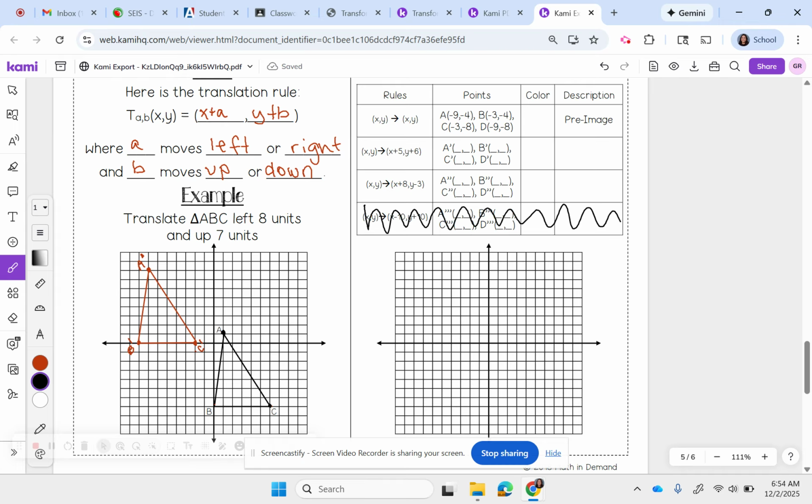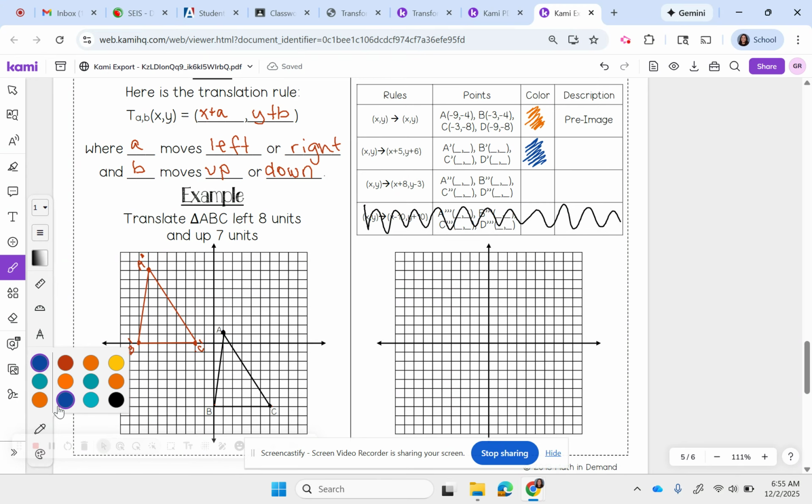Okay. On this one though, it does not give us a pre-image, but it gives us coordinates. Okay. So we are going to differentiate by adding a color for each shape or whatever this image is going to be. So let's do our first one. It's going to be orange. Our second one is going to be blue.